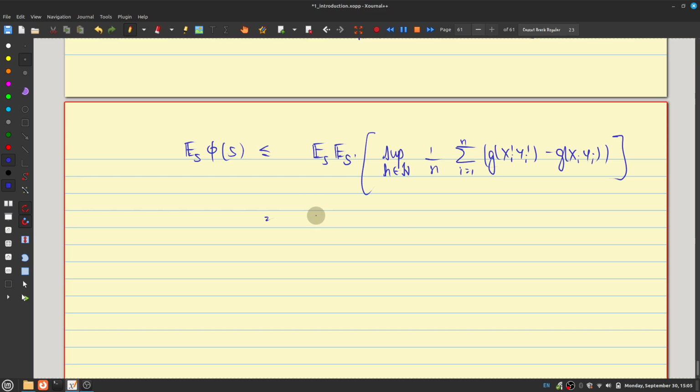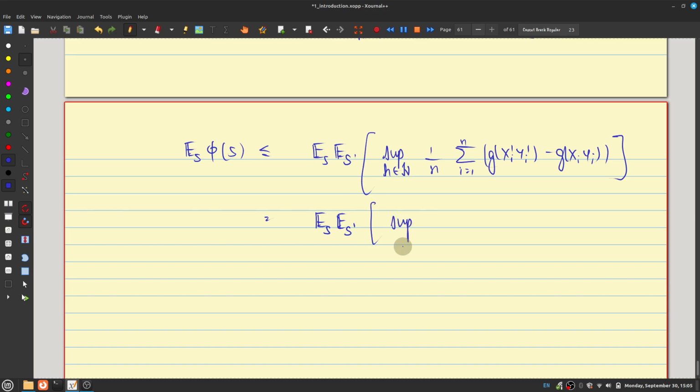Okay, so with respect to S, expectation with respect to S prime. Now S prime and S are independent and identically distributed, right?